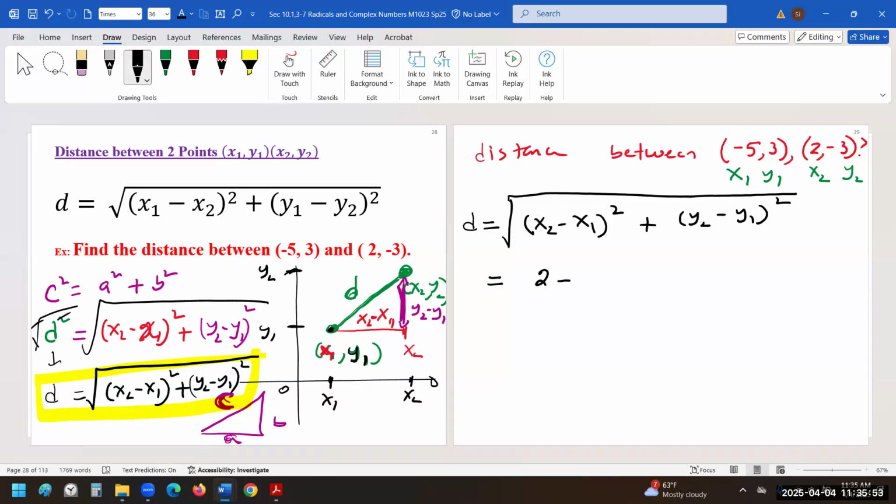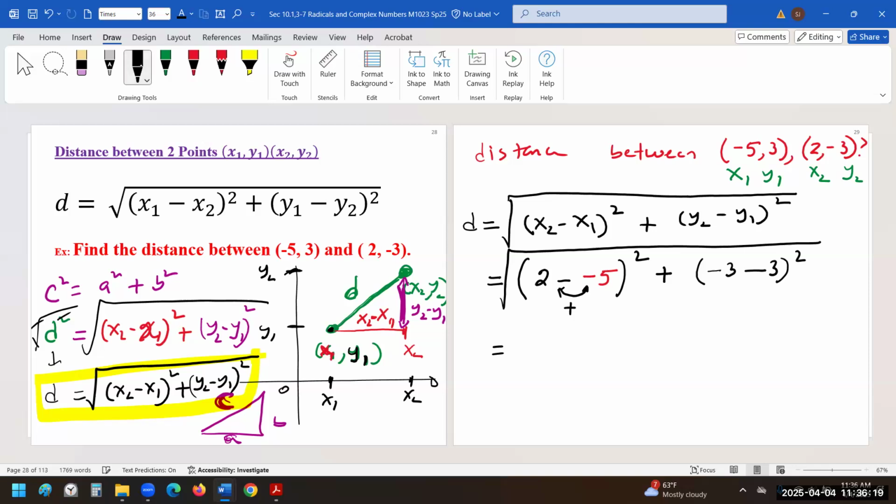What is x1? -5. So we get a double negative here. What is our y2? -3. And you're subtracting y1, 3. The double negative turns into positive.